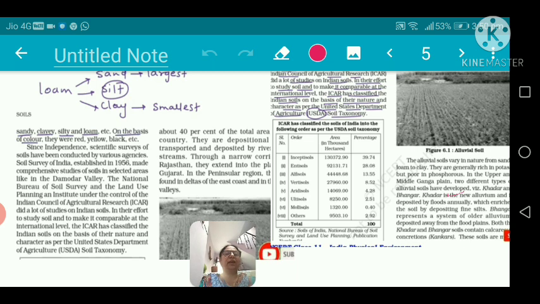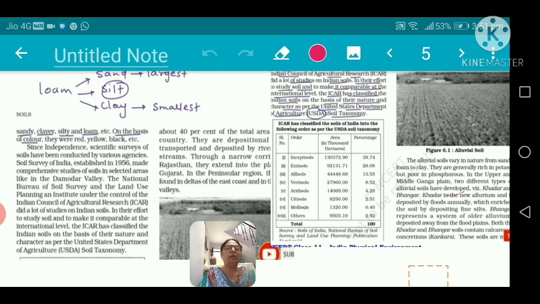The Soil Survey and Land Use Planning Institution under the control of ICAR, the Indian Council of Agricultural Research, has given different classifications of the soil based upon its physical hardness, softness, component, and composition.